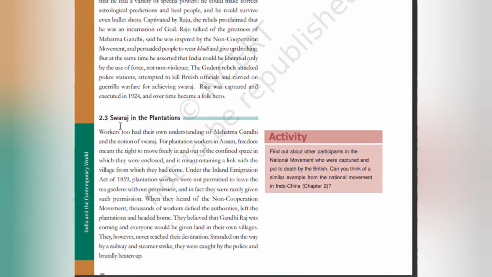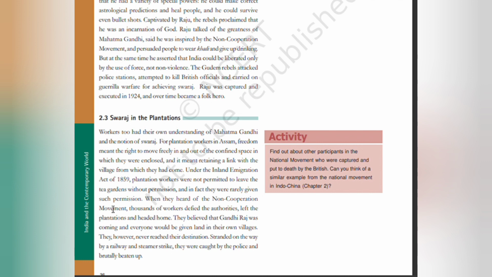Swaraj in the plantations. Workers too had their own understanding of Mahatma Gandhi and the notion of Swaraj. For plantation workers in Assam, freedom meant the right to move freely in and out of the confined space in which they were enclosed, and it meant retaining a link with the village from which they had come. Under the Inland Emigration Act of 1859, plantation workers were not permitted to leave the tea gardens without permission, and in fact, they were rarely given such permission.